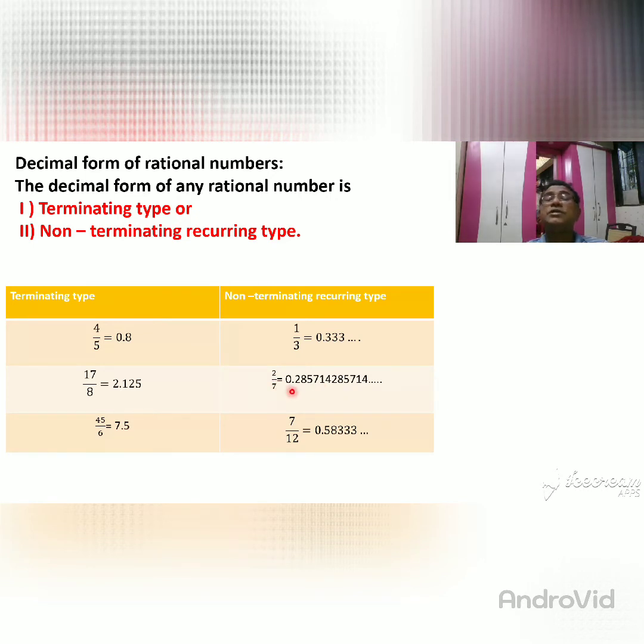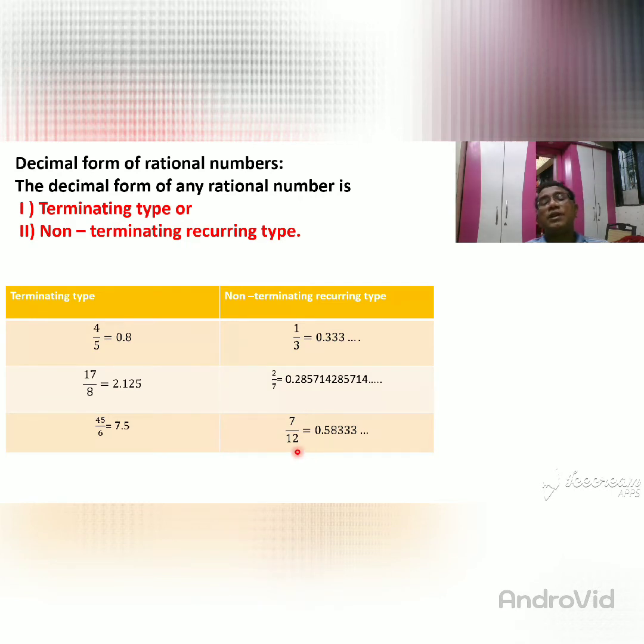I think you can easily divide it, because you learn division from 4th standard to 8th standard. So you can simply do the division. 2 divided by 7, you get that answer, and it is non-terminating, because you are not getting remainder 0. And the group of numbers, 285714, is coming again and again, so it is recurring.